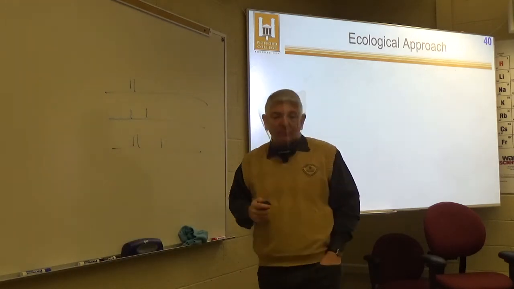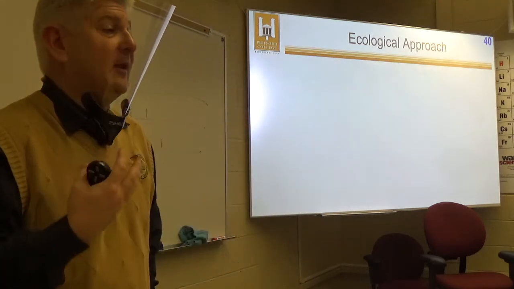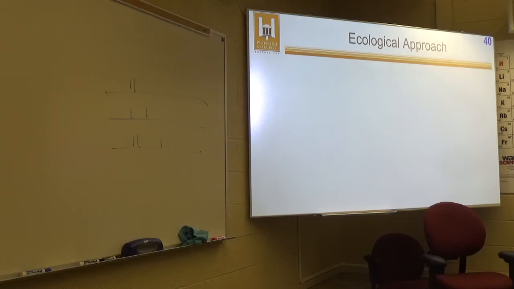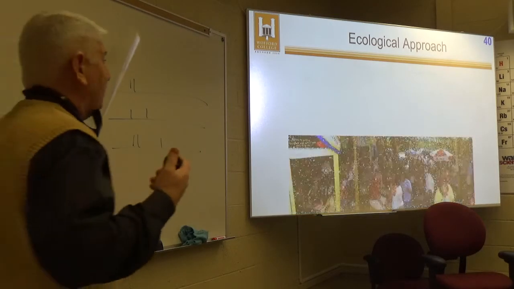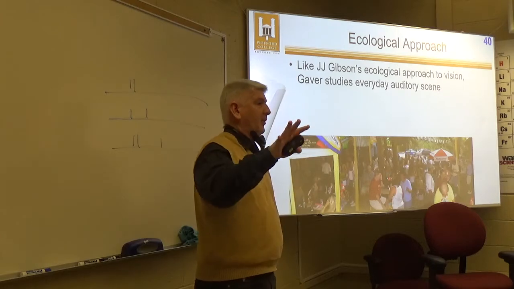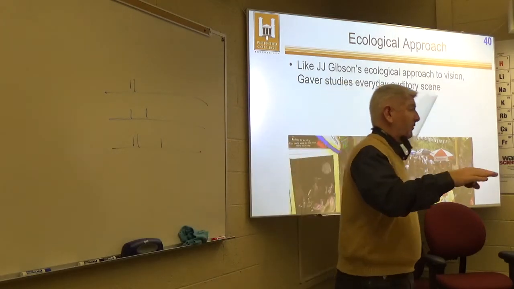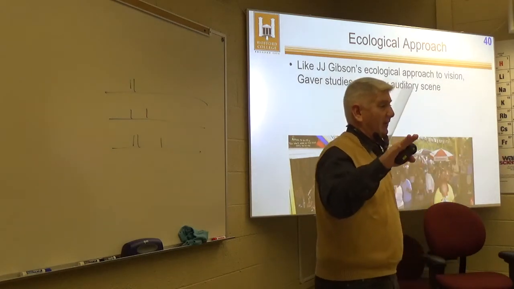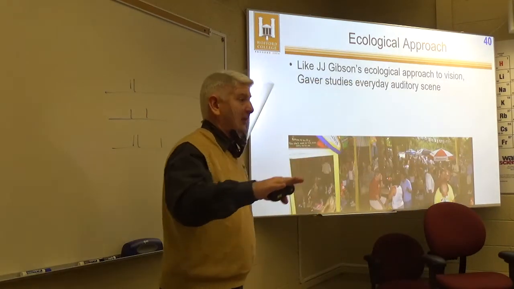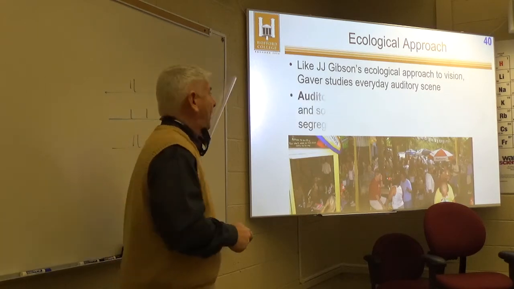All right. So everything we've been talking about is sort of getting at this ecological approach. Just like we talked about with vision, J.J. Gibson's approach was trying to get out of the laboratory and understand, in his case, particularly how pilots land airplanes in terms of understanding visual cues.